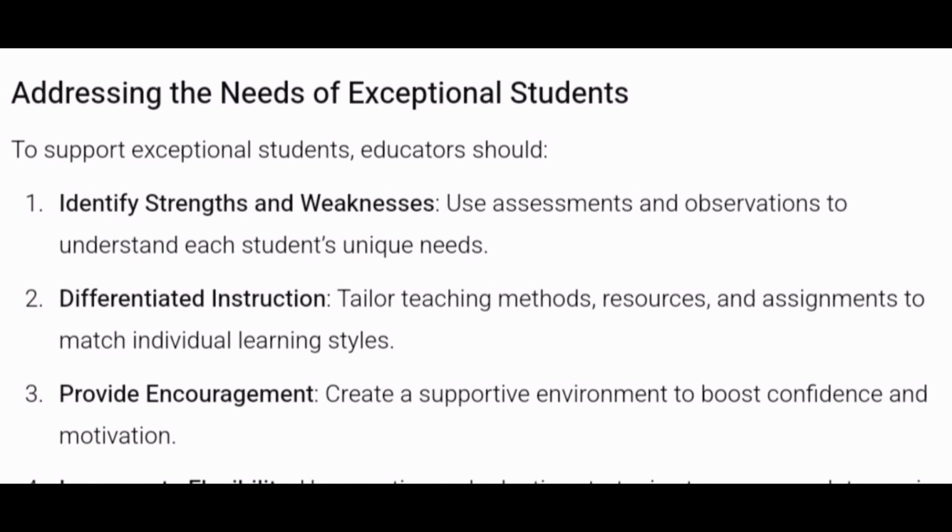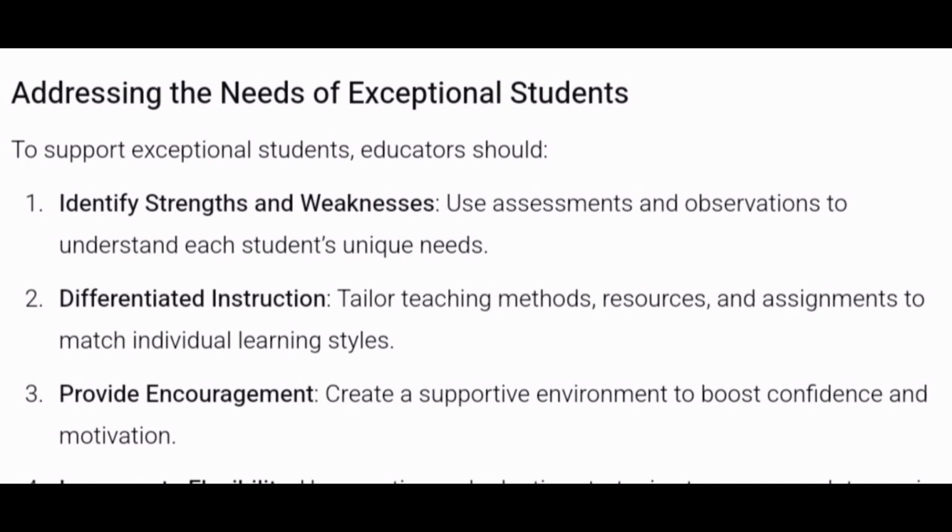Differentiated instruction: tailor teaching methods, resources, and assignments to match individual learning styles. You should try to give the homework, the classroom work, the assignments according to the need of that learner. If the learner is talented, then what type of questions should you ask? If a learner is a slow learner, then what type of questions should you ask? So it should be that way, right?